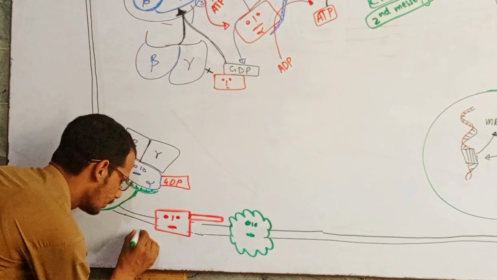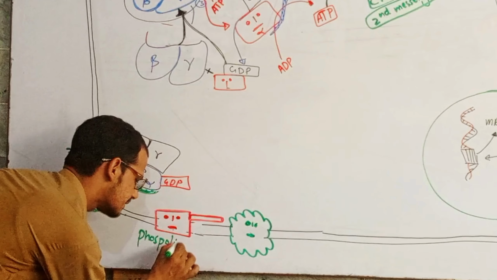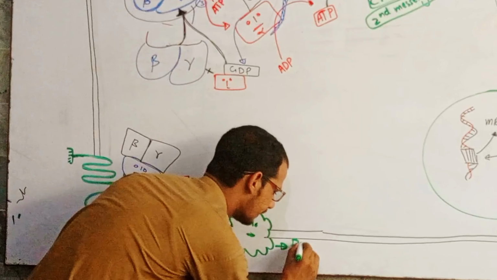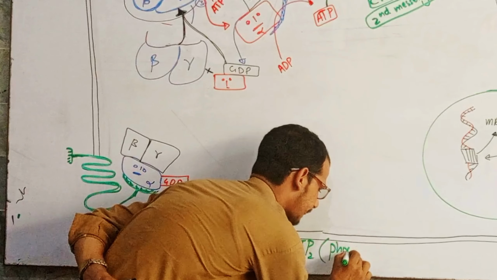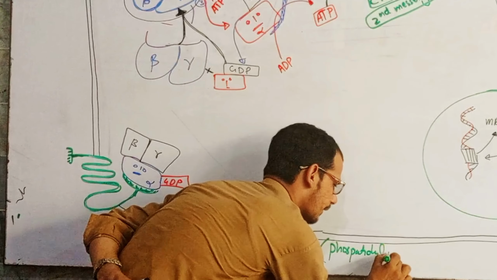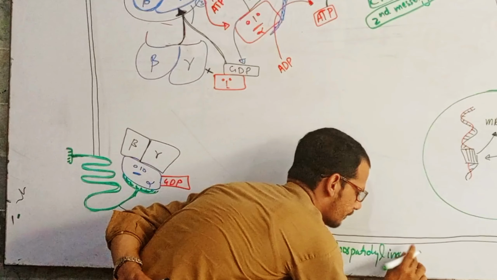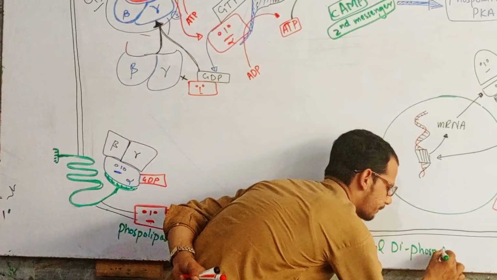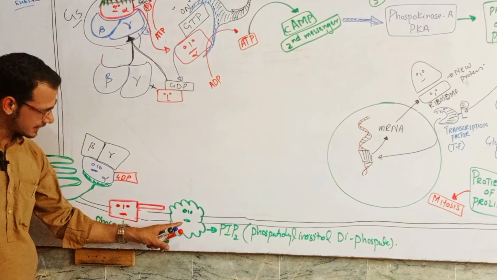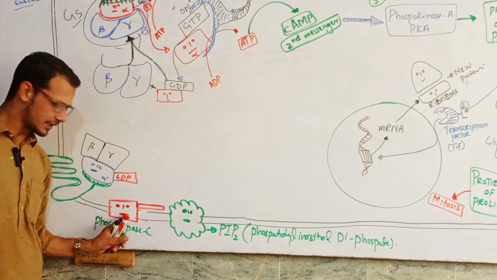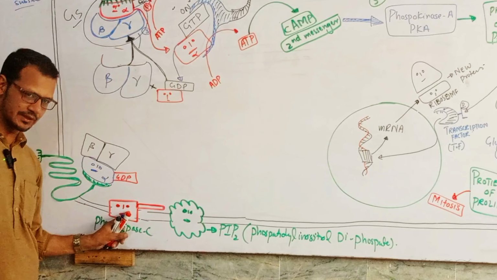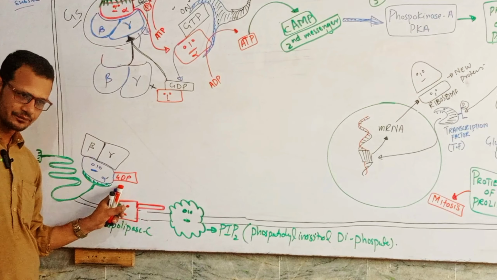This protein is called phospholipase C, and this is called PIP2. This PIP2 stands for phosphatidyl inositol diphosphate, right? This means that PIP2 is dependent upon the activation of this phospholipase C, and this phospholipase C will be activated when it gets the GTP from the alpha unit.